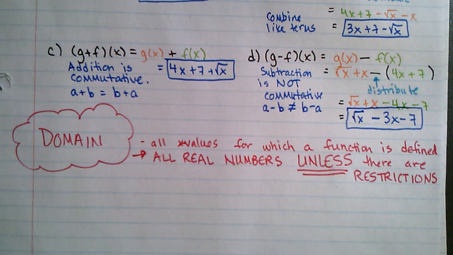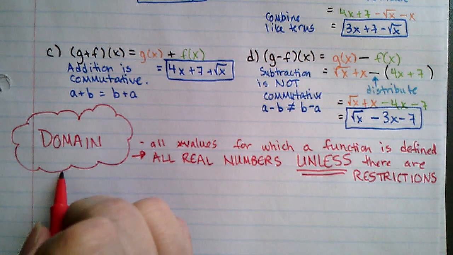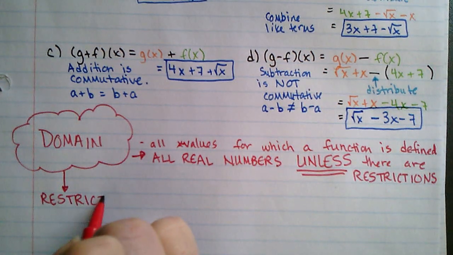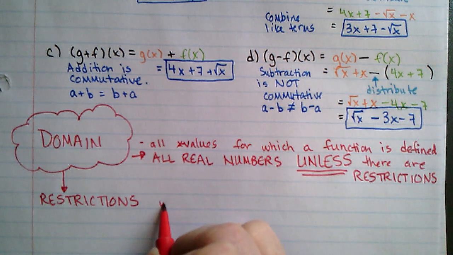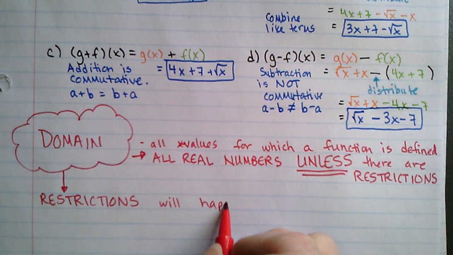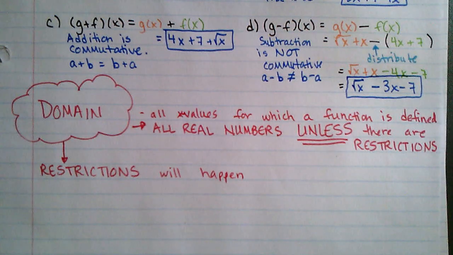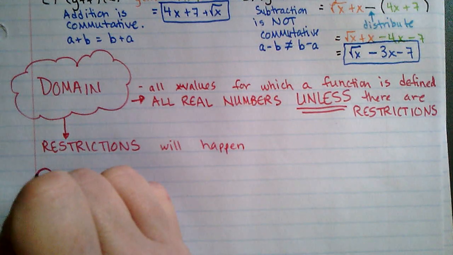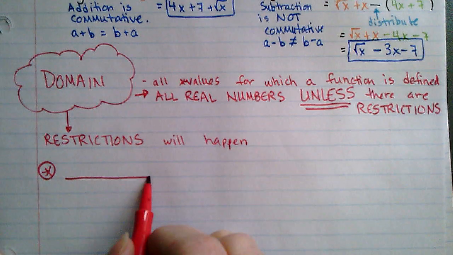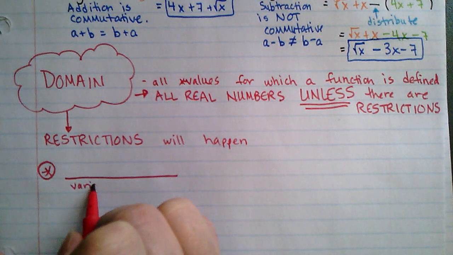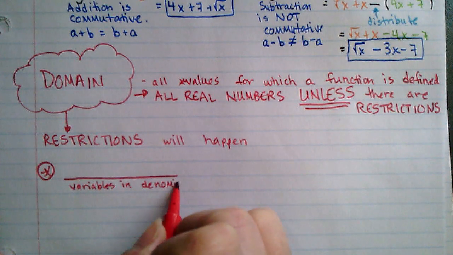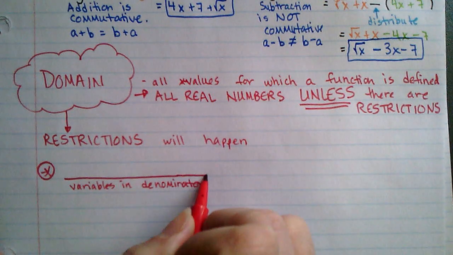So let's talk about where we get domain restrictions. So domain restrictions will happen. Right now, we're only going to have to worry about 2 times that we have domain restrictions. One of the times is going to be if you have variables in a denominator.